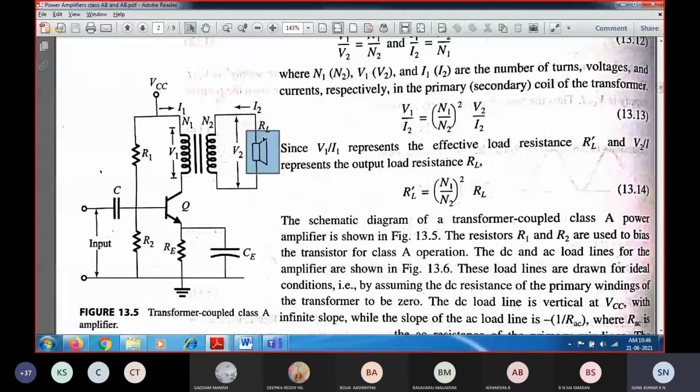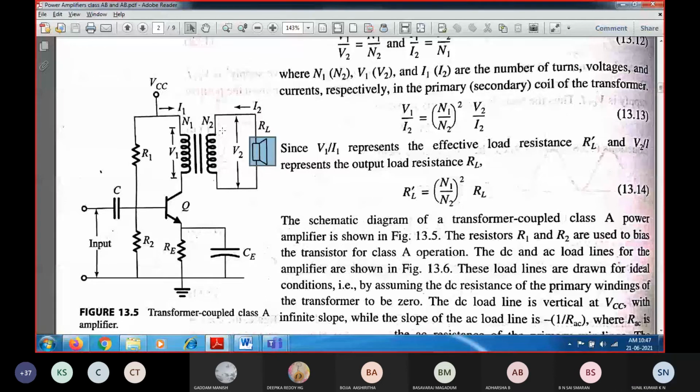In the previous case, the class A amplifier using the common emitter configuration, what is it going to provide? It is going to provide one full output cycle upon proper biasing, at the center of the load line, and the emitter follower configuration is also going to have one full output voltage. So when both are the same, the maximum power conversion efficiency is equal to 25%, right?